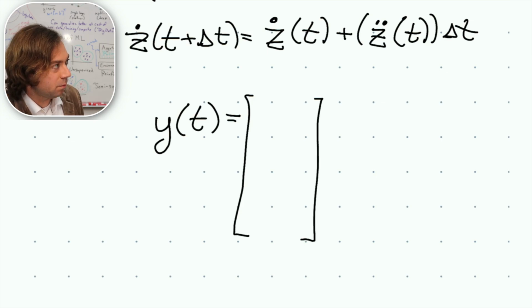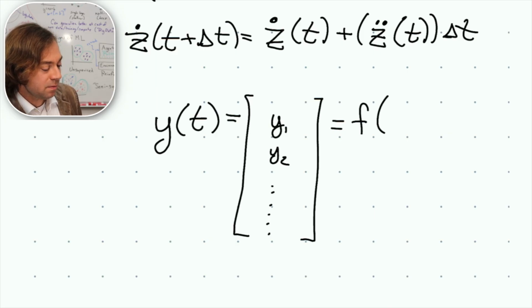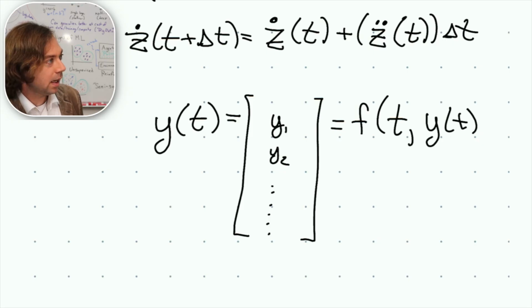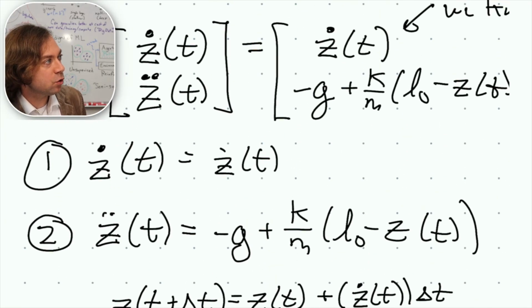They can be anything, y1, y2, whatever, equal to some function of time and state. And that's literally what we did for our spring-loaded inverted pendulum here, right?